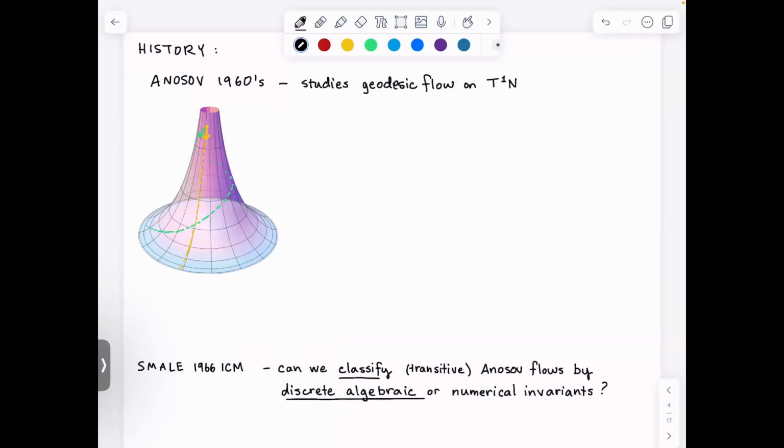In the 1960s, Anosov was studying properties of geodesic flow on unit tangent bundles of negatively curved manifolds. So this is always assumed negatively curved. And this is a thing you do in differential geometry: you understand the global behavior of the system, which tells you something about negative curvature.